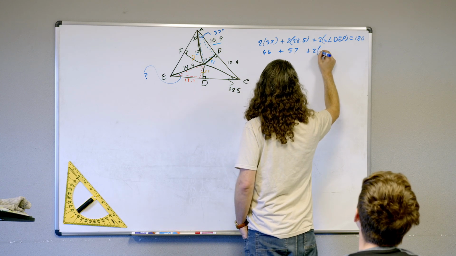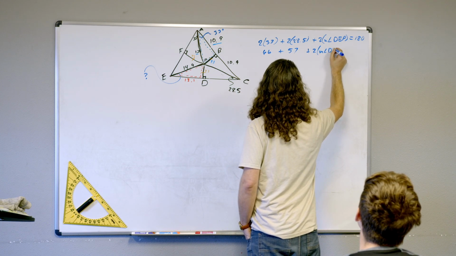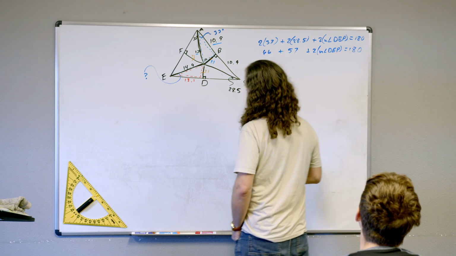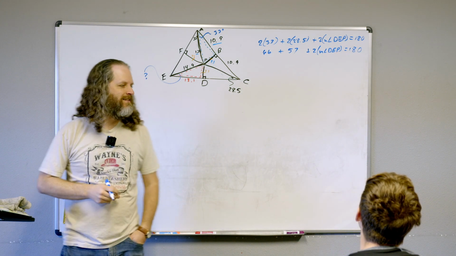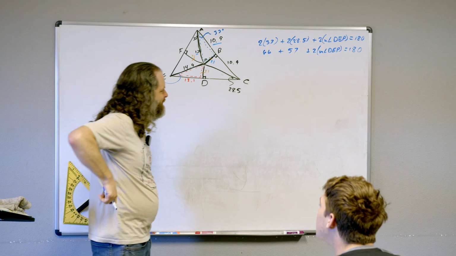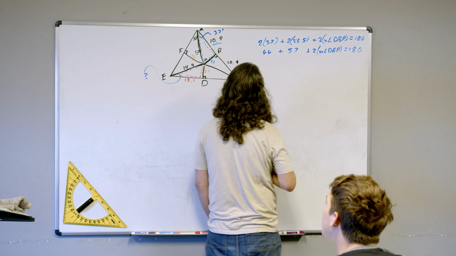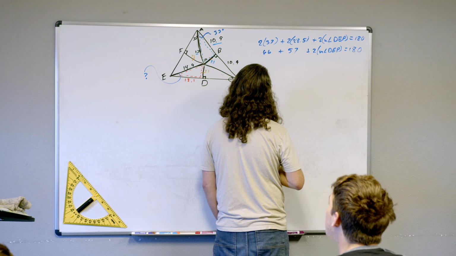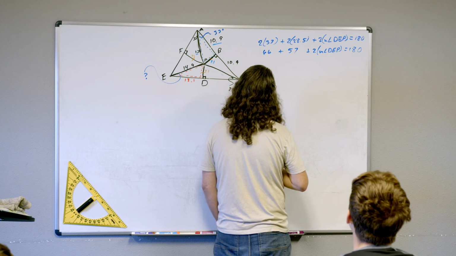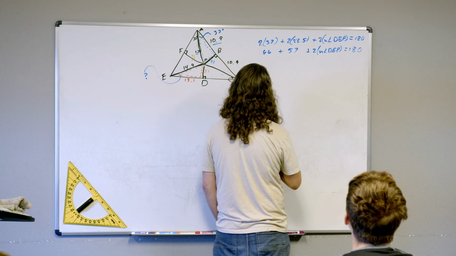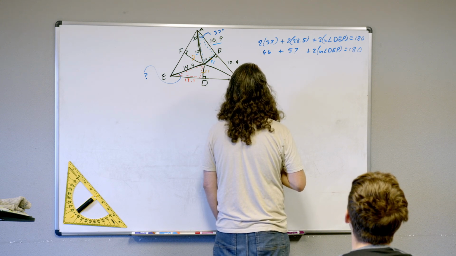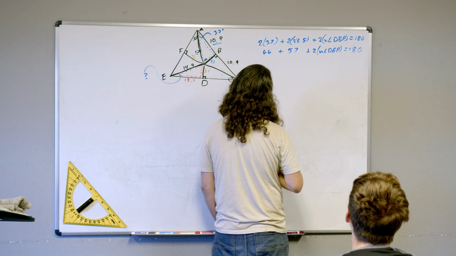Plus 2 times the measure of angle depth. Now what? 125? Because this plus this, that sounds like too much. Well, 15 and 2 was 16 and 7 left over is 125. 16 plus 7.